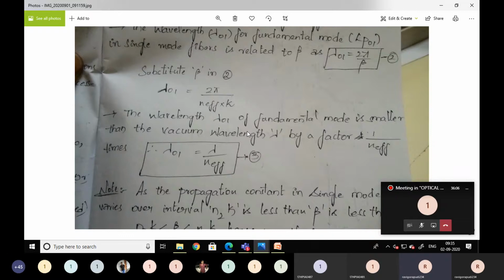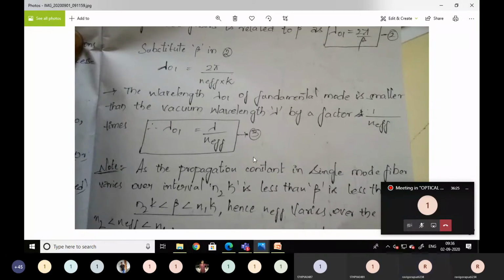That's why I am rewriting lambda 01 as lambda by N effective, since the 1 by N effective term is smaller. This is regarding lambda in terms of effective refractive index.